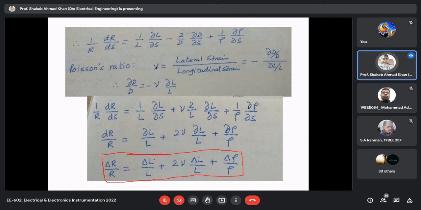These two together represent the change in dimension, and this represents the change in property of the material, and this is still disputed.